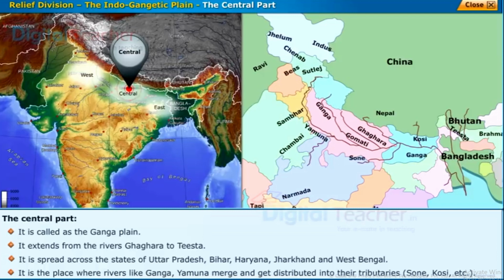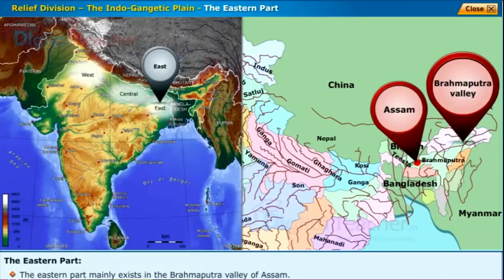The rivers Ganga, Yamuna, and their tributaries Kosi, Sone, etc. drain here. Third one, the eastern part. The eastern part mostly consists of the Brahmaputra valley of Assam. The river Brahmaputra is mostly responsible for the formation of the eastern part.